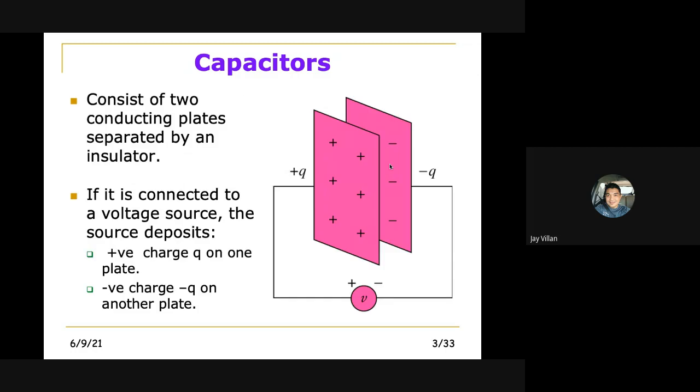From our physics, if you have two plates with opposite charges, then an electric field will exist between these two plates.